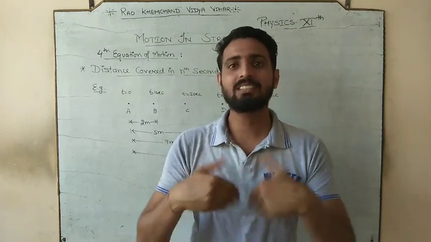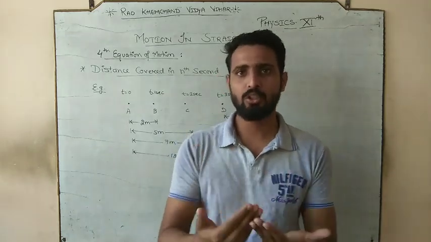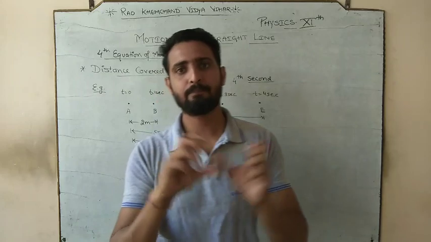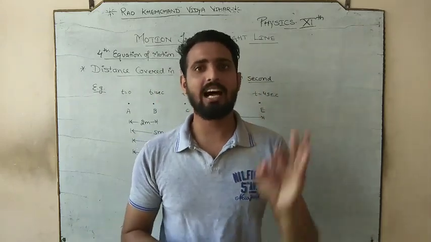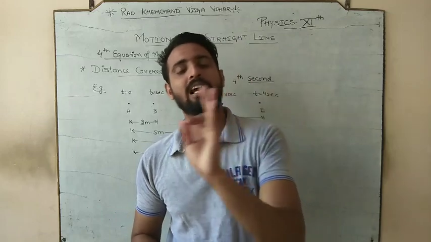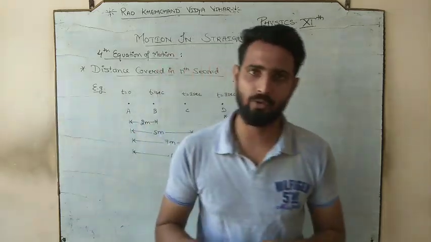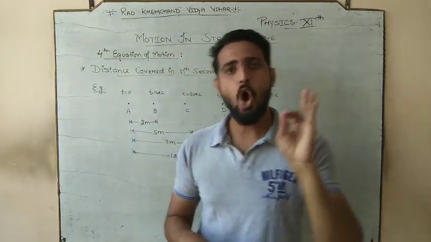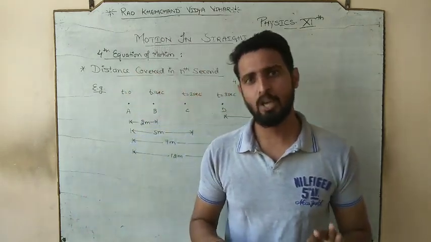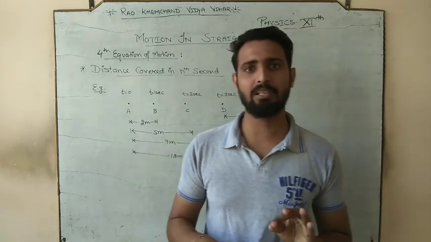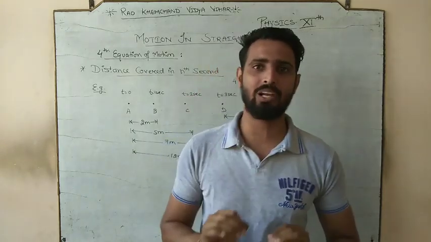What is my next statement that I am going to give you as an instruction? The next instruction is all class 12th will assemble in the assembly ground. I am again repeating, all class 12th will assemble in the assembly ground. So who is going to assemble? Only class 12th.